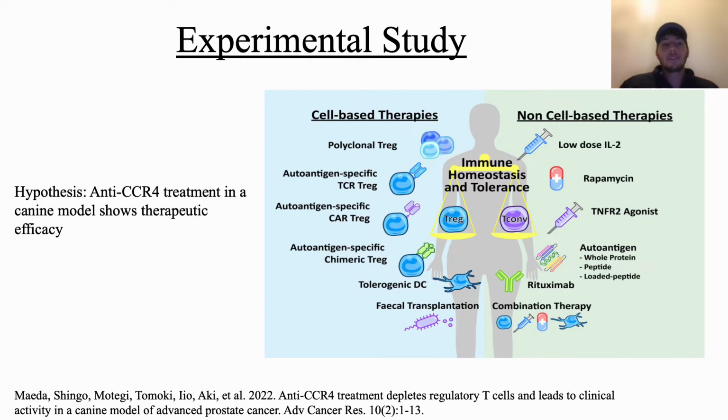For the hypothesis of this experiment, they hypothesized that anti-CCR4 treatment in a canine model shows therapeutic efficacy. You might be asking yourself, what is anti-CCR4 treatment, or what are regulatory T cells? Well, anti-CCR4 treatment uses anti-cancer chemotherapy drugs, like I said in an earlier slide, mogamulizumab and piroxicam.